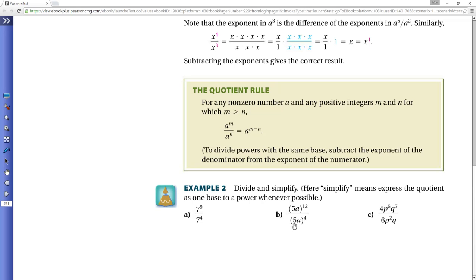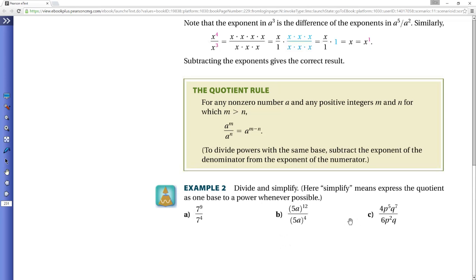So I'd have parenthesis 5a parenthesis 8. Okay. And then we can sort out these fractions a lot of different ways. I could say this is 4 over 6 times the fraction p to the 5th over p squared, times q to the 7th over q.